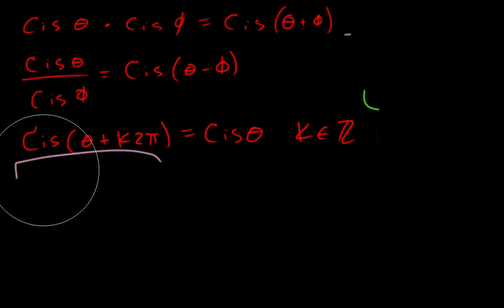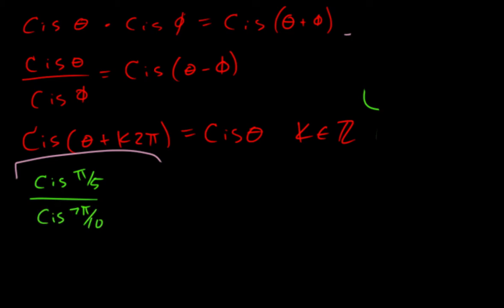Okay, the next one is a division: cis pi fifths over cis 7 pi tenths. Remember, division gives us subtraction. So that's cis of pi fifths minus 7 pi tenths.